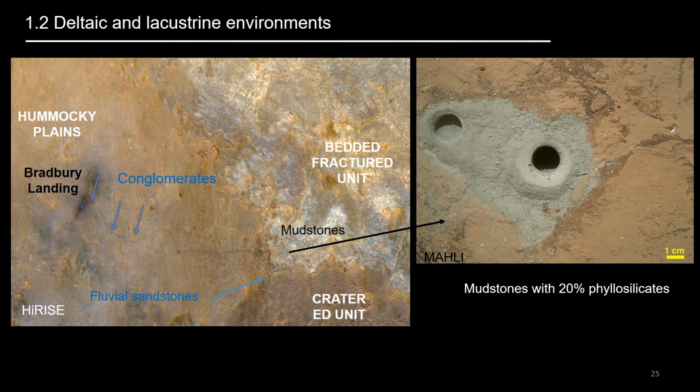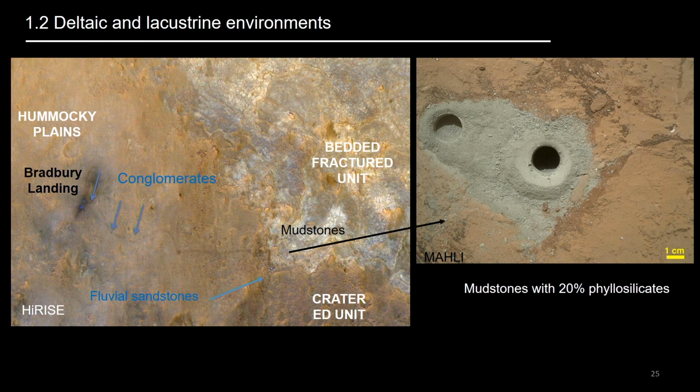But this is where we came in after having visited the fluvial environment. So the landing site of Curiosity is here, the Bradbury landing, and you can see the rover tracks here. Conglomerates have been visited in that location, and the fluvial sandstone has been visited here. And you can see there is a distinct albedo right of that location here, and those have been shown to be mudstone.